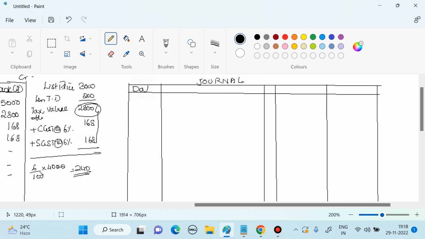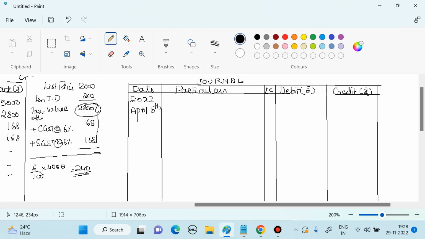Journal, date, particulars, ledger folio, debit rupees, credit rupees. So this is 2022 April 5th.